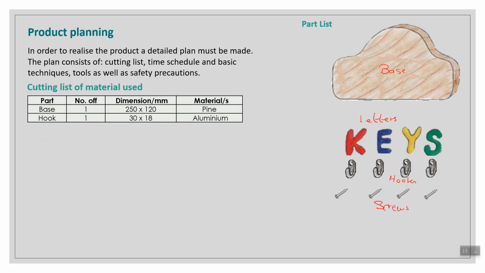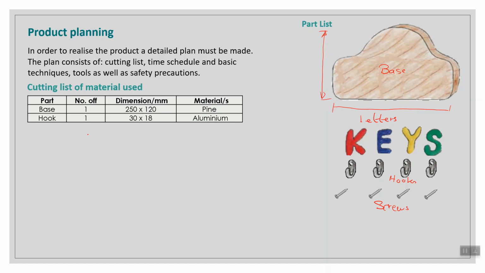For example, the base: there is only one piece of the base. The overall dimension is 250 millimeter in length, and in height, it is 120 millimeter. So this is the overall length, and it is made of pine.